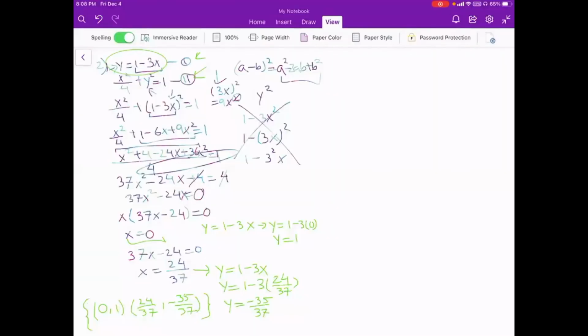But before we do our third problem, something that I wanted to mention is that for this kind of problem, you can actually tell if you did them correctly and got the correct answer or not. What you can do is plug both your x and y values into one of your original equations.